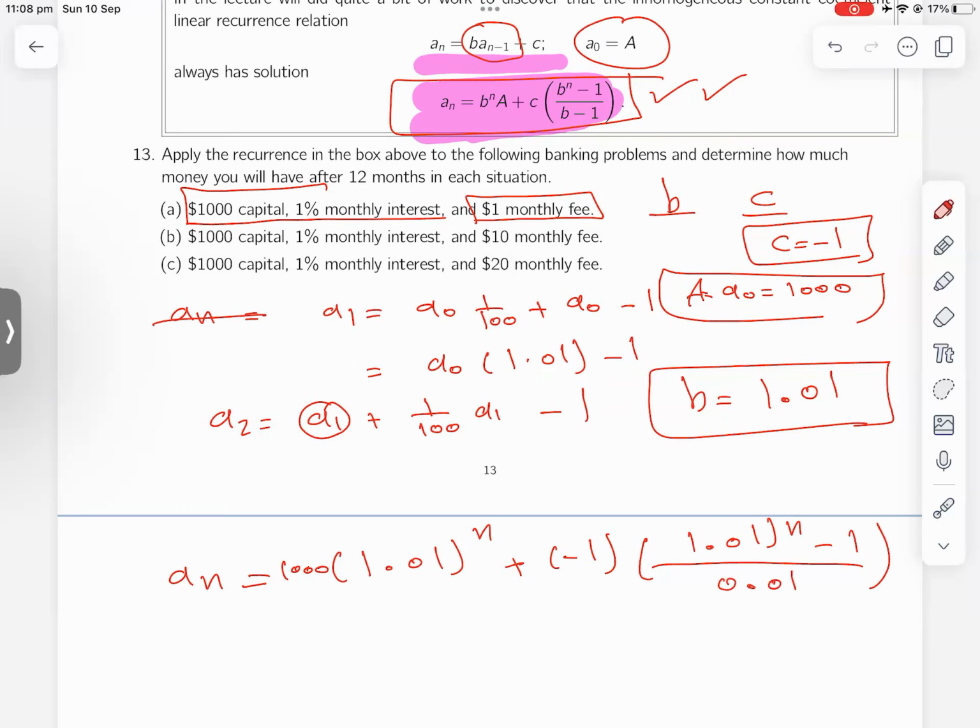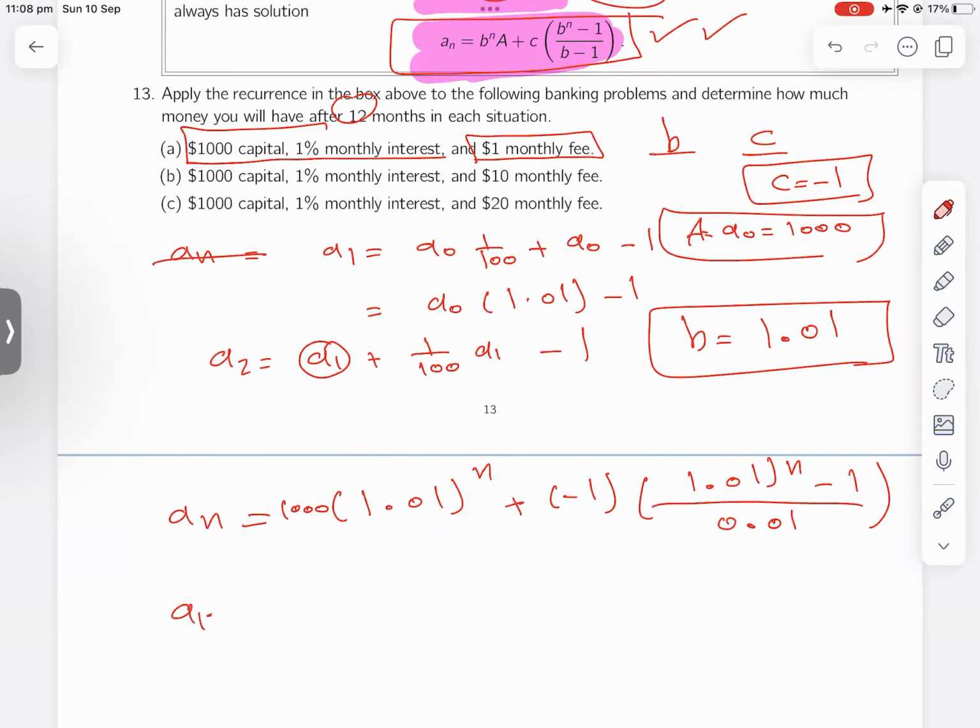This is for solving this one. And also we can understand A12 as well.